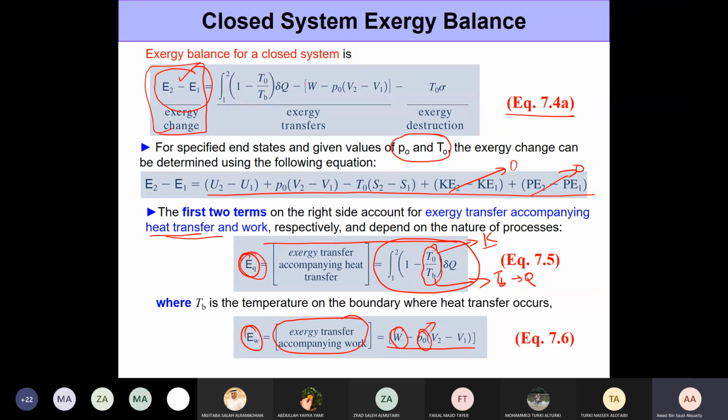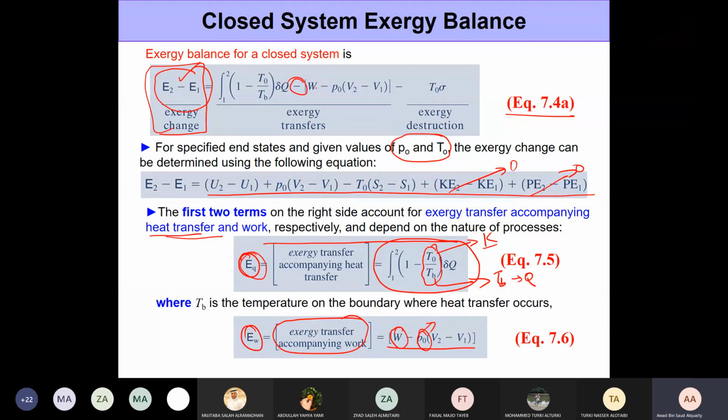As you can note, there is a negative sign in front of the work done, and this makes sense because if the system is doing some work, then we're going to lose some exergy. So the greater the work done between state one and state two, the greater the exergy lost.